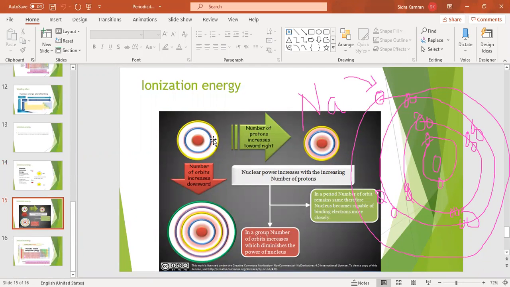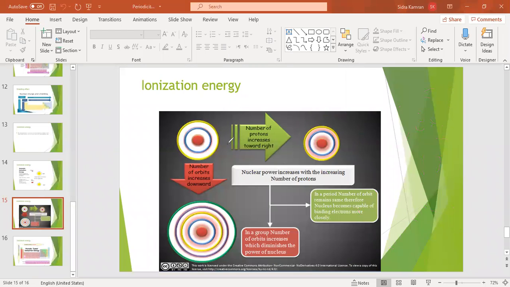Here you can see the sequence of group, vertical, and the sequence of period, horizontal. As we know, along the period, atomic size decreases. The attraction between the outermost electrons and the nucleus increases because of the small size.